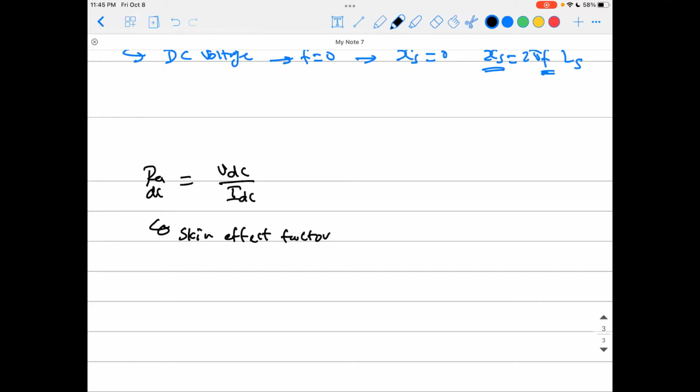Because if you have a wire and a DC current moving in it, the DC current will move in the entire cross-section area of the wire. That's how it works. But if you have the same wire with an AC current moving in it, the current tends to move in just the outer surface of this conductor. That means it works in an effective cross-sectional area less than the one occupied by the DC current, which occupies the whole cross-section area of the wire.